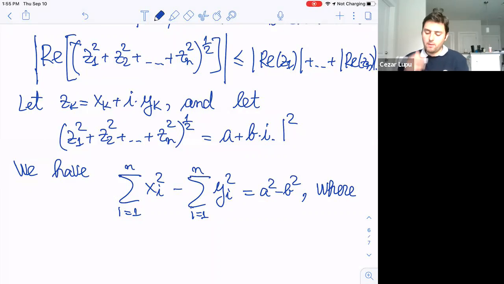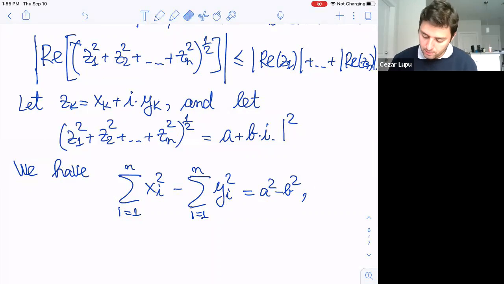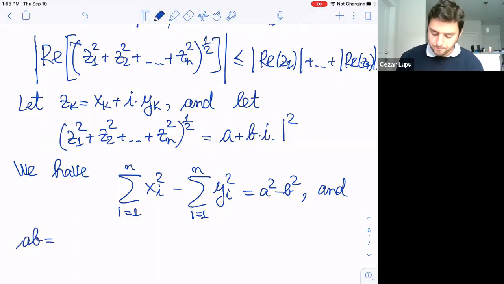We identify the real part and imaginary part, and also, because when we square this we have a squared minus b squared plus 2abi, here we have the same thing, and ab will be the sum of x_i y_i.